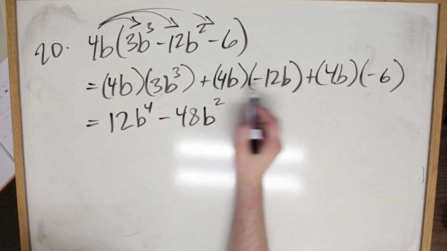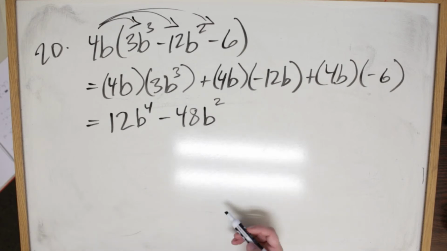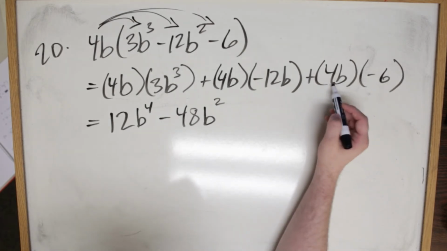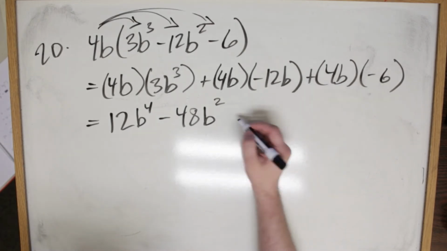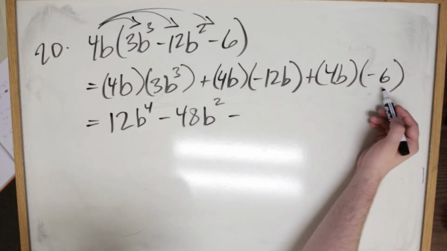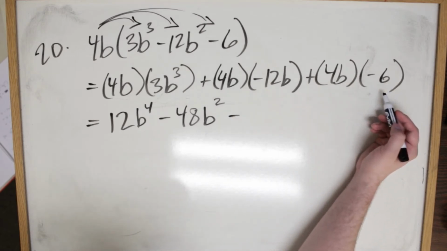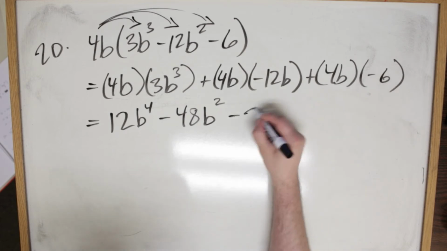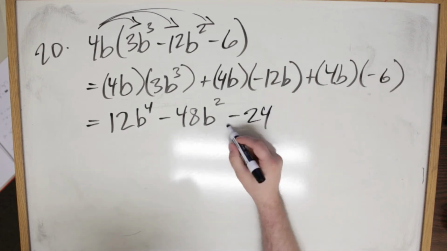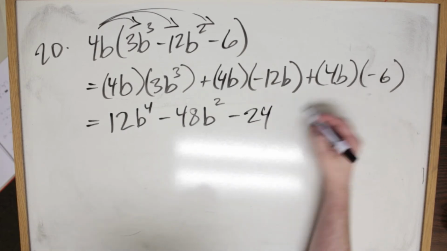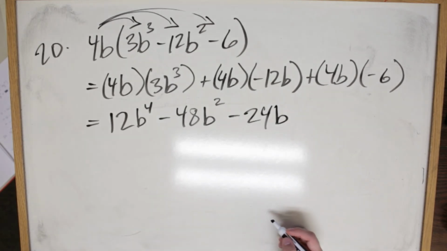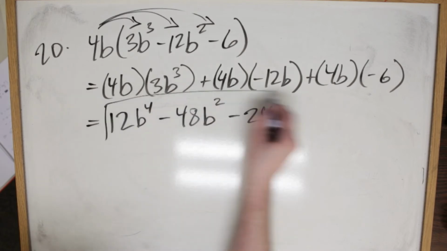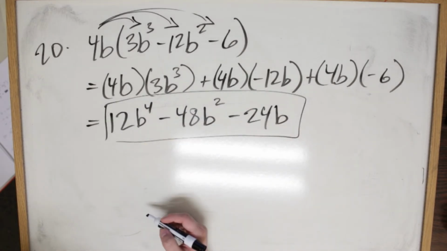This is b to the first, so I add the exponents and I get 2. And now this is going to be 4b times a minus 6, which is going to be a minus 24, or 4 times minus 6, I should say, which is 24. A minus 24, and then b is going to be all by itself. So that right there is our final answer.